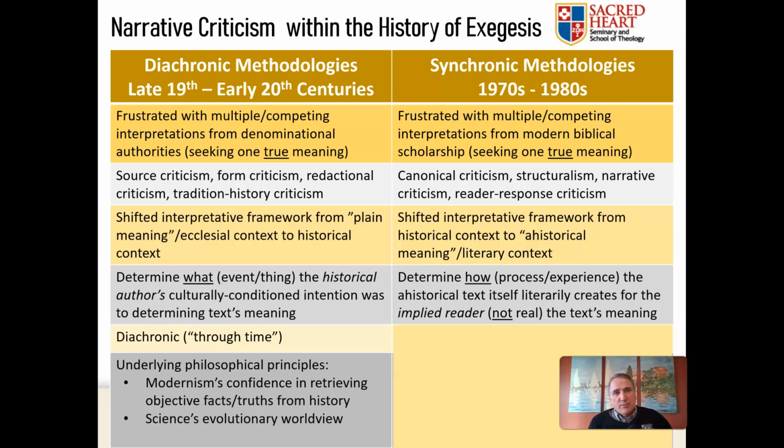They didn't want to determine the what, which is the case with the diachronic methods, but the how. How does this ahistorical text in and of itself literarily create for what they call the implied reader, who's not the real reader, right? Because the real reader has different understandings of the text. We're going to talk more about the implied reader, but this is the reader that is implied by the text itself, that emerges from the text itself.